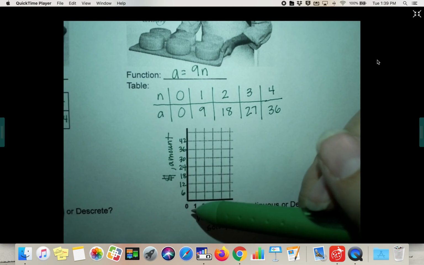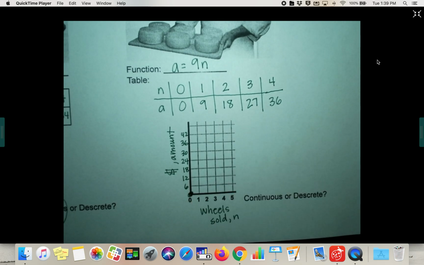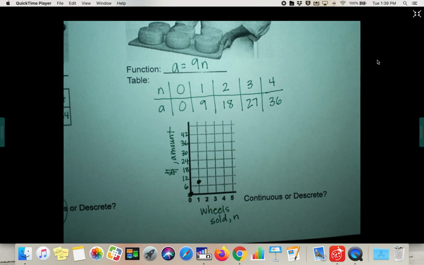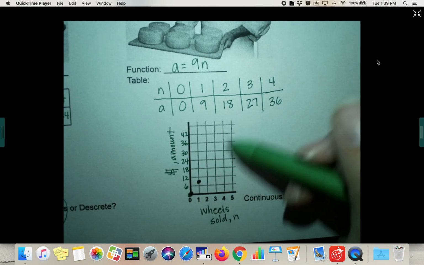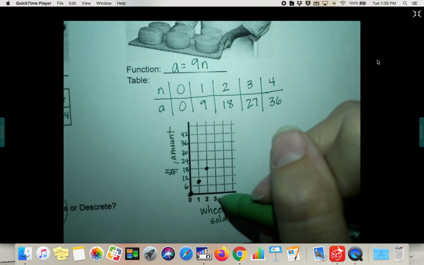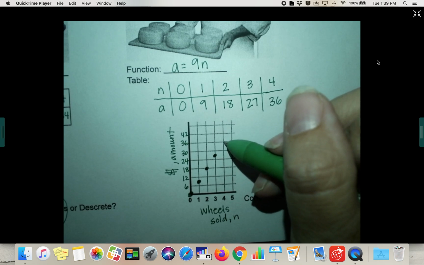So at 0 wheels sold, we make $0. At 1 wheel sold, we make $9. At 2 wheels sold, 18. 3 is 27. 4 is 36.